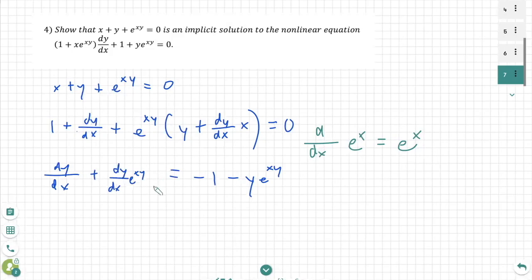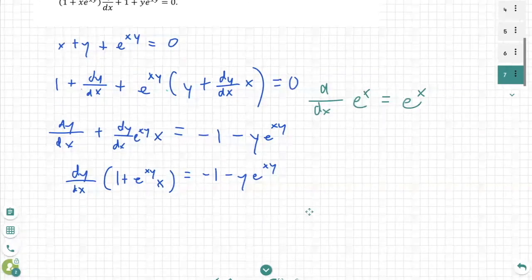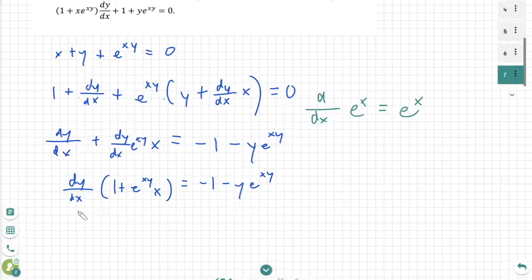Okay, do you know why we want the dy dx terms together? Can you factor them out? Yeah, factor, right? That's how you reduce it. Okay, and then what do you do from here? You divide both sides by 1 plus e to the xy times x.